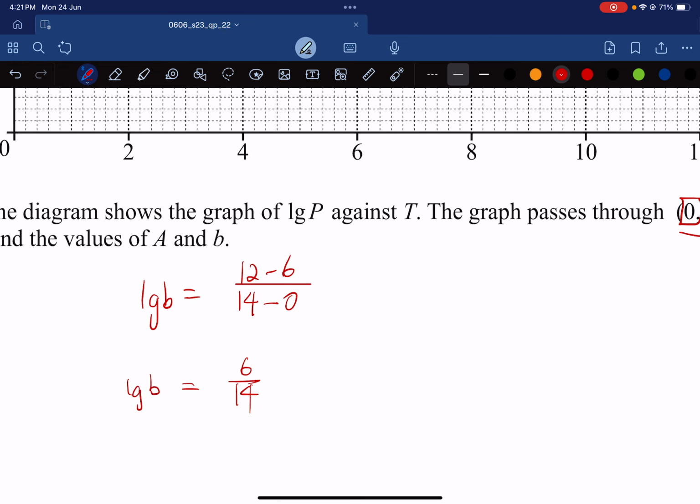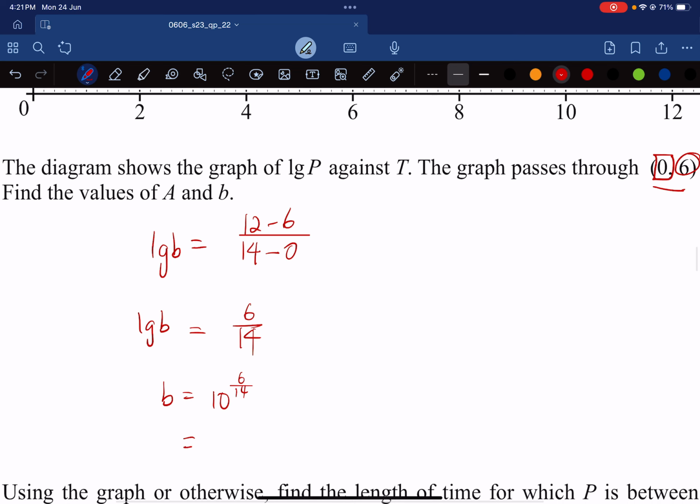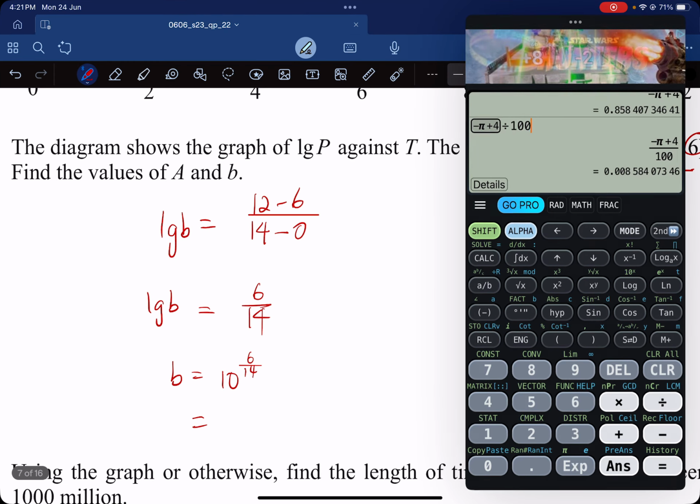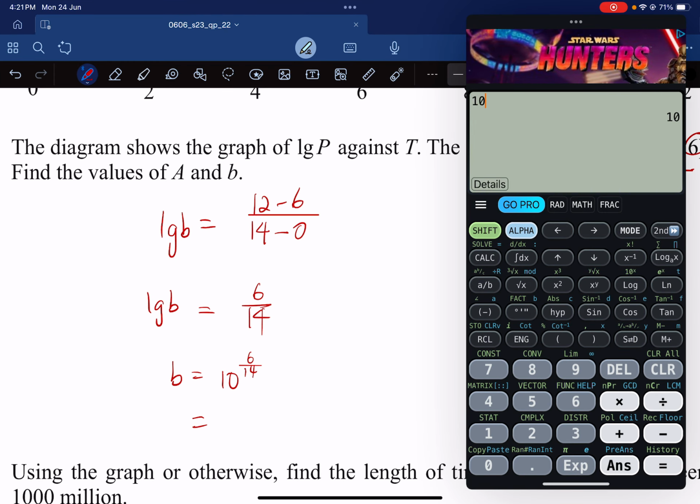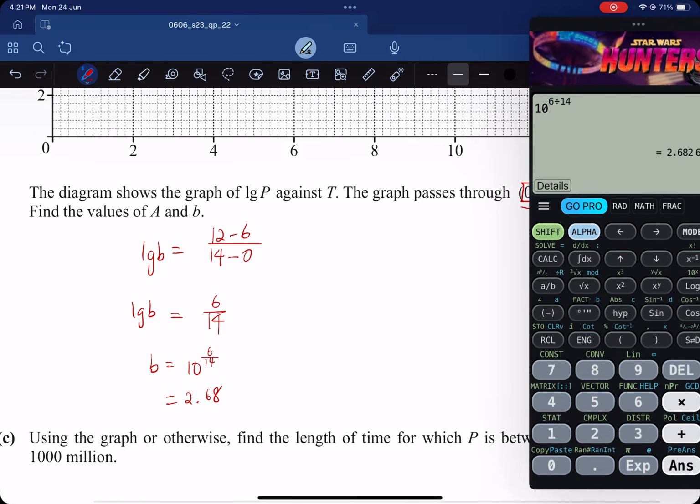So b would equal 10 to the power of 6 over 14. What is this? 10 to the power of 6 over 14, to 3 significant figures, is 2.68.